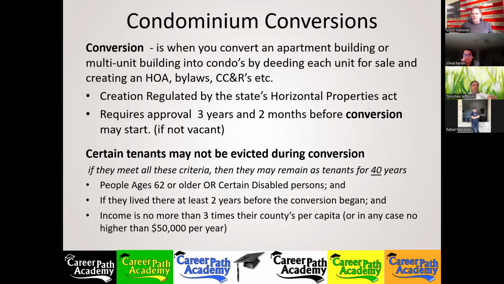If they meet all those requirements and you want to do a condominium conversion, you cannot evict that tenant for 40 years. So then at that point, you can't evict them until they're 102. And at that point, you're just mean. Right? But you need to know who can't be evicted from a condo conversion. And what is a condo conversion?